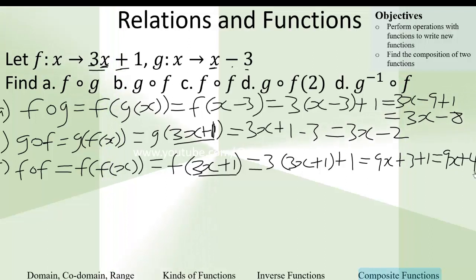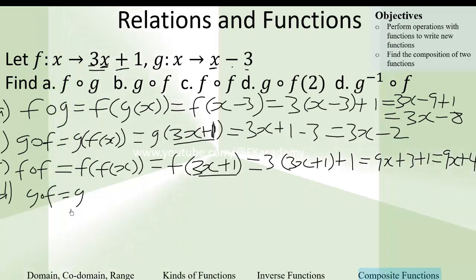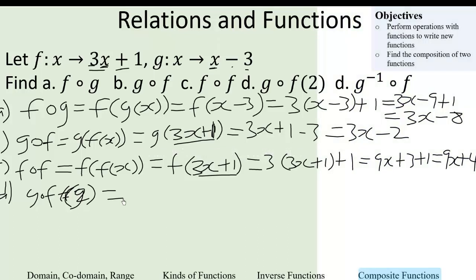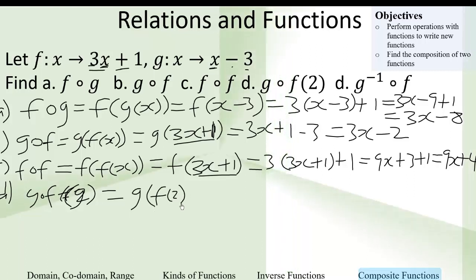Then let's look at g circle f of 2. So since we found g circle f already, we just plug in that value, or we can better still work it out. So that will give us g of f of 2.